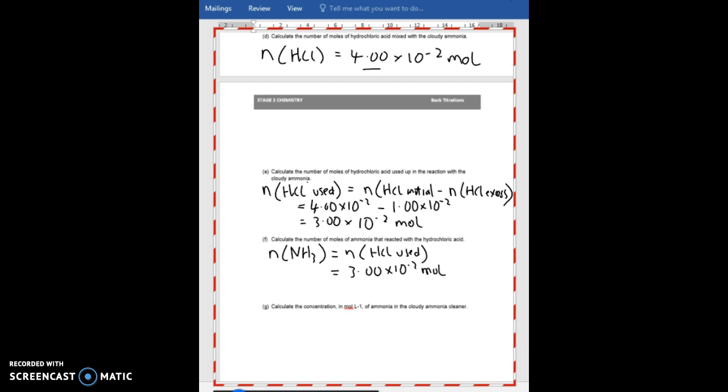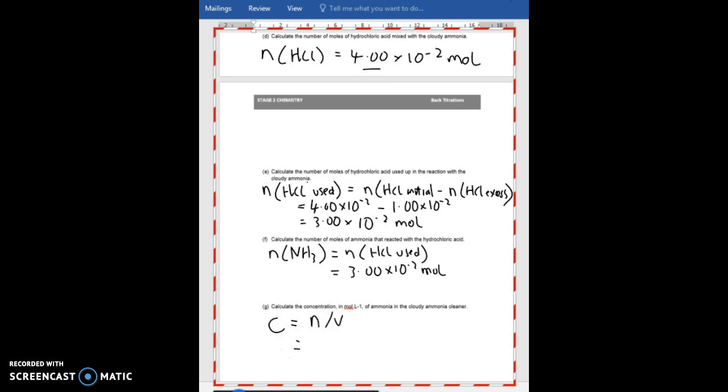Okay, and then part G asks to calculate the concentration in moles per litre of ammonia in the cloudy ammonia cleaner. So the concentration equation is number of moles over volume.